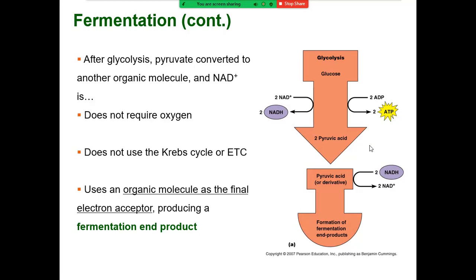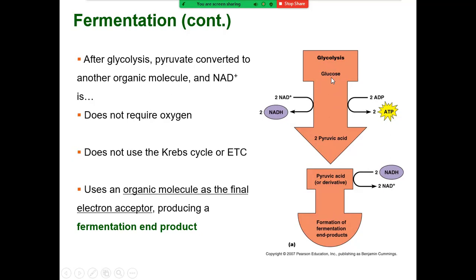It has to use NADH in fermentation, and it recycles the NAD plus. If you have NAD plus, then the cell can engage in glycolysis and then engage in fermentation. So if the cell is short on oxygen, it'll switch to fermentation, and it won't store the NADH because it needs to have NAD plus to engage in glycolysis right there.